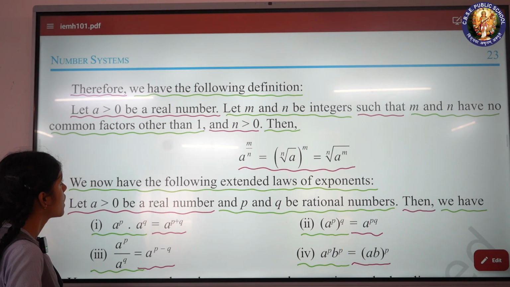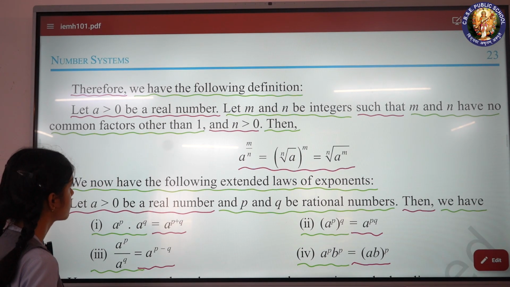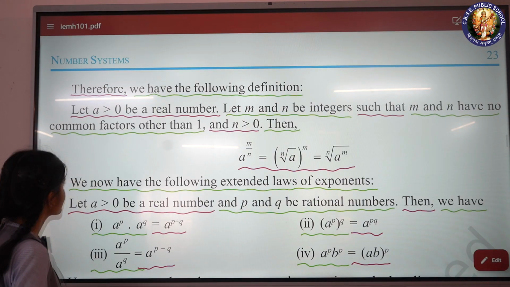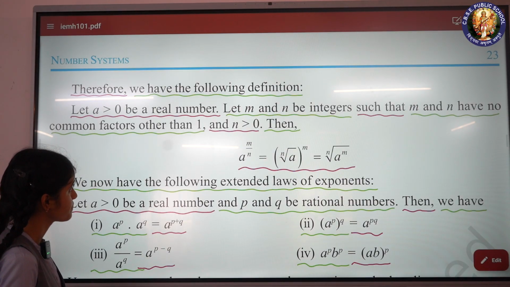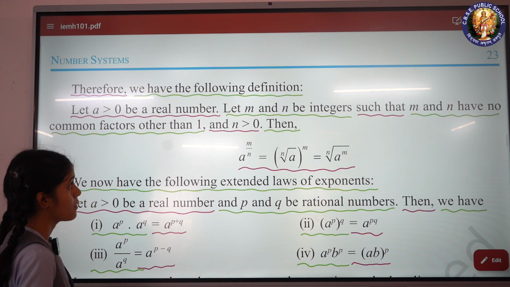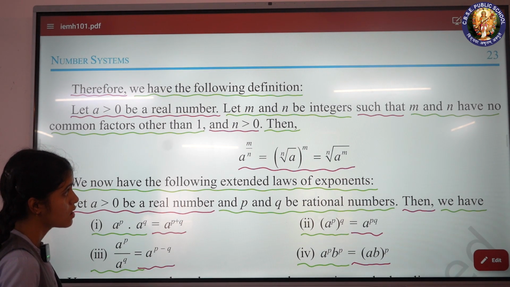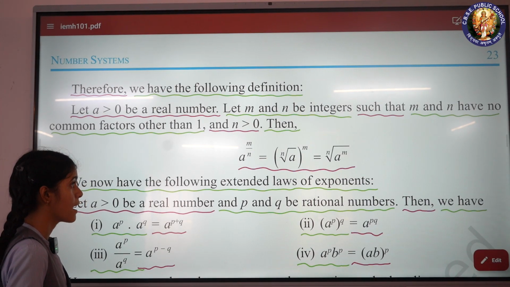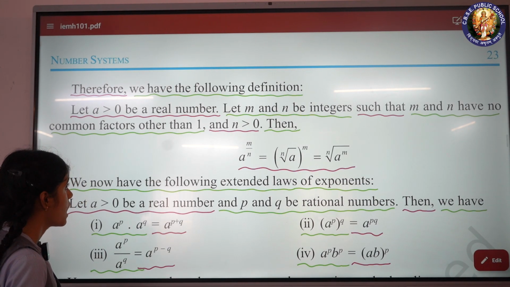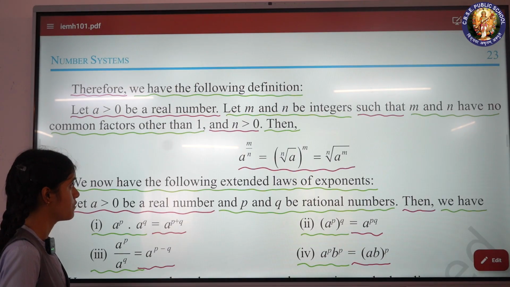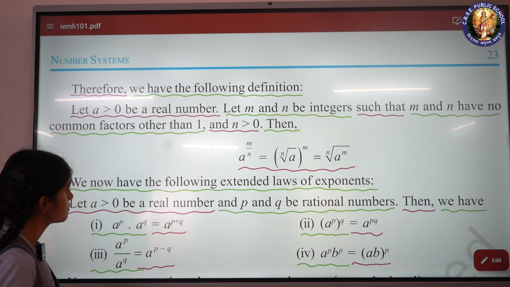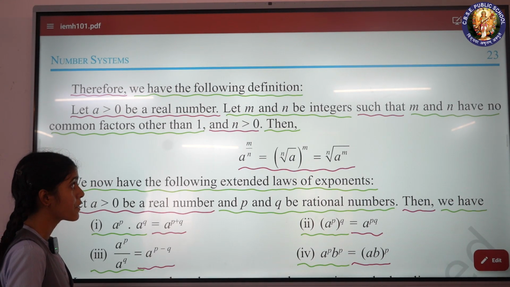Therefore, we have the following definitions. Let a greater than 0 be a real number. Let m and n be integers such that m and n have no common factors other than 1 and n greater than 0.